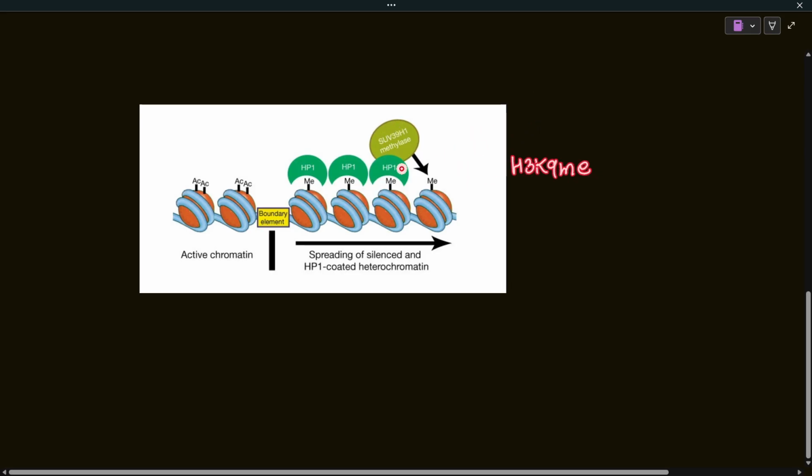Okay, so this enzyme is adding the methylation mark on the histone, and due to the addition of the methylation mark, it provides a docking site for the HP1 protein, heterochromatin protein 1. So HP1 is responsible for heterochromatinization.